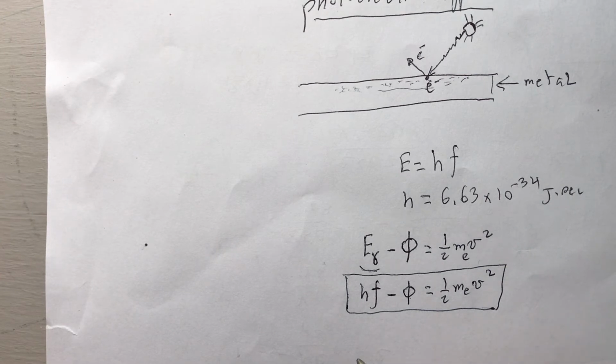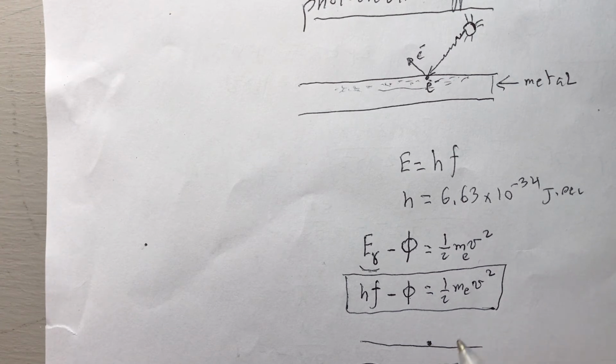Now, let's see if the velocity is zero, which means the electron gets dissociated from the atom but doesn't go with any velocity, it just sits there. Here is the metal, and here is the electron, not moving, free now from the atom but just sitting there.